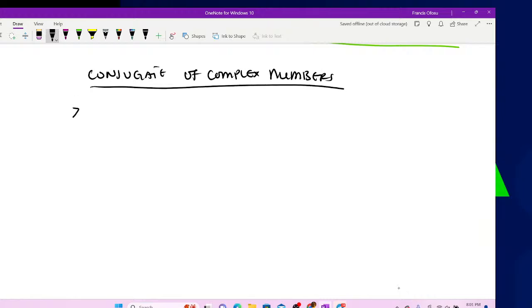If you have a complex number z equals x plus iy, the conjugate is represented as z bar. There is a bar on it, so the bar indicates that it's the conjugate of z. Generally, it is given as x minus iy. What does this mean? The conjugate of a complex number is simply the negative imaginary of the original.